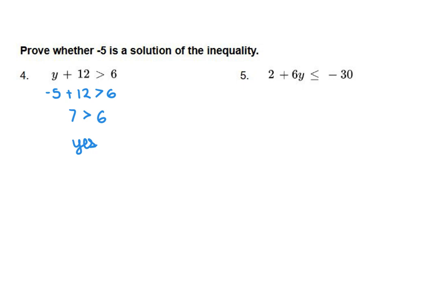For number 5, 2 plus 6 times -5 is less than or equal to -30. Order of operations tells us we have to multiply first. 6 times -5 is -30. And we recopy everything else down to the next line. 2 plus -30 is -28.